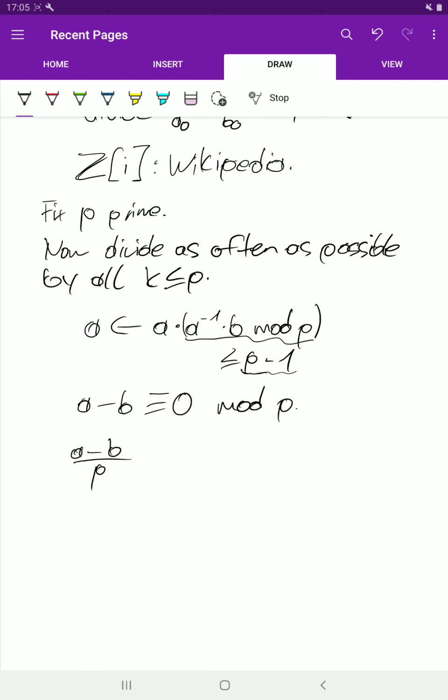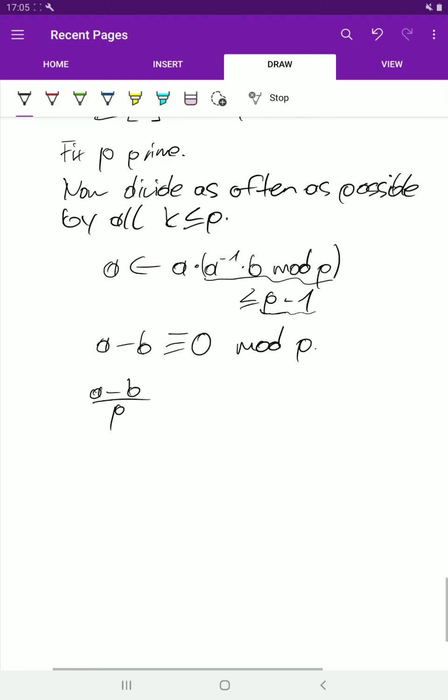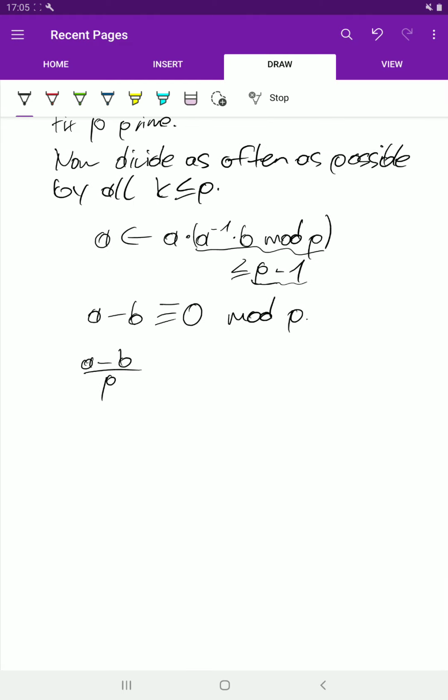So that's about a slight generalization, which probably isn't really fast. And also to calculate this inverse modulo p. So this here is an inverse modulo p. We might need, for instance, the extended Euclidean algorithm.